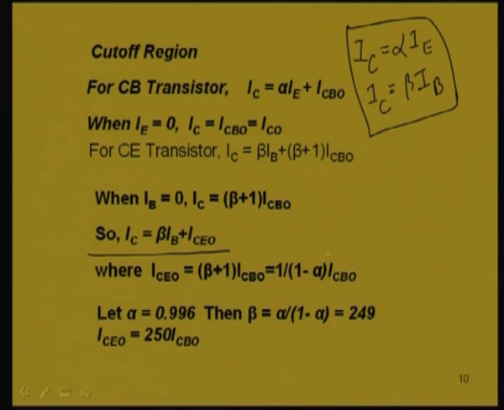And just to illustrate how drastically beta changes for even a small change in alpha, say alpha is 0.996, a typical value, the corresponding beta value will be alpha by (1 minus alpha), and if we substitute alpha here, we get 249, and the corresponding ICEO or leakage current in common emitter transistor becomes 250 times ICBO. So, that represents the fact that common emitter transistor has a much higher leakage current than common base transistor.